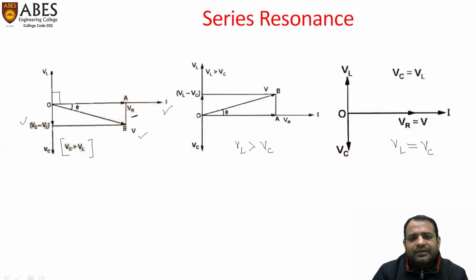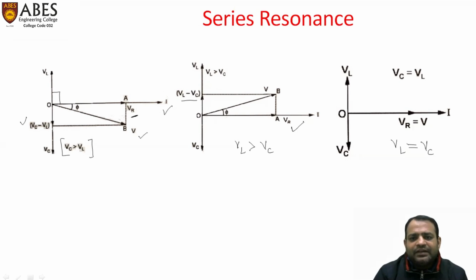In the similar way, if VL is greater than VC, then this vector which is lagging behind the current is now leading, and this is our resultant vector VL minus VC, and the resultant of VR vector and VL minus VC.